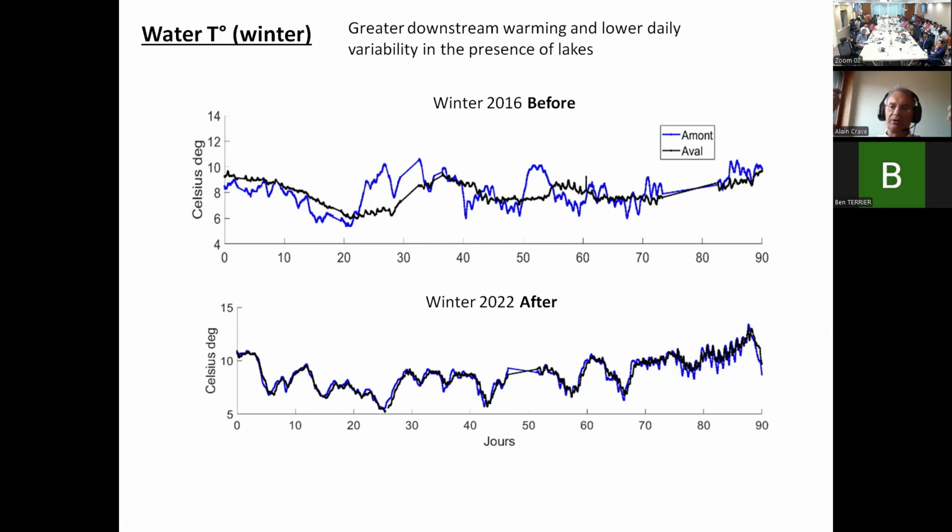Sorry for inverting the colors. And you can see that downstream the temperature showed less variability, high frequency or low frequency variability, in winter. And then after the removal of the dam, we retrieve the same dynamic.